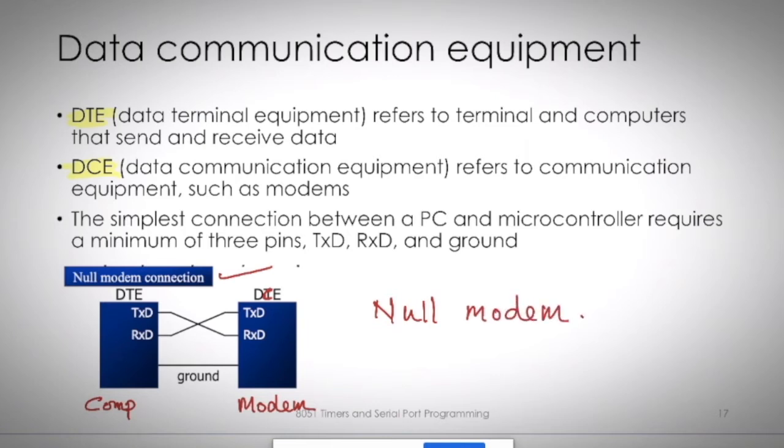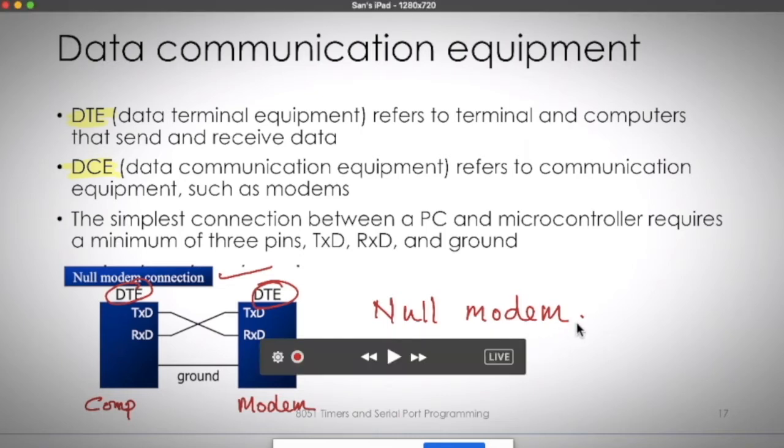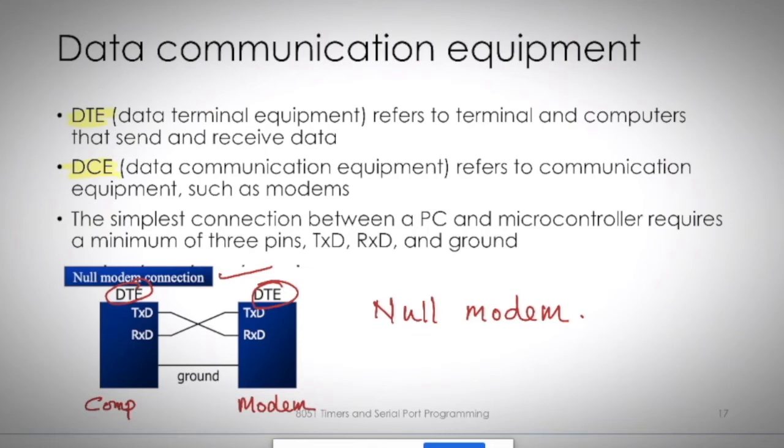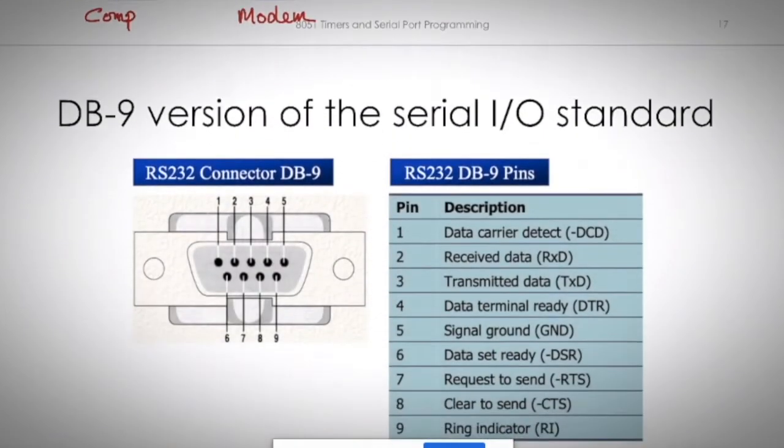That is where you directly connect the transmitter and the receiver part of two data terminal equipments in a cross connection form. When you do this, it is called the null modem connection. So this is about the data communication equipment.